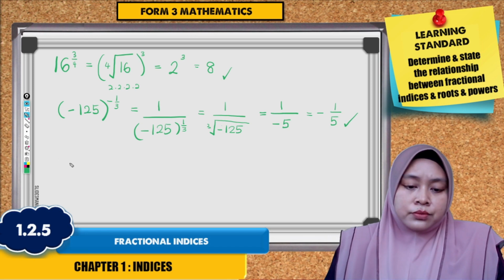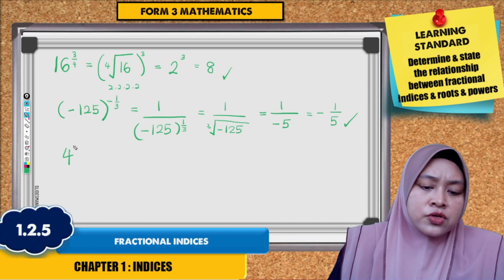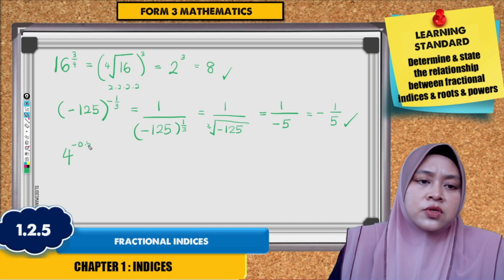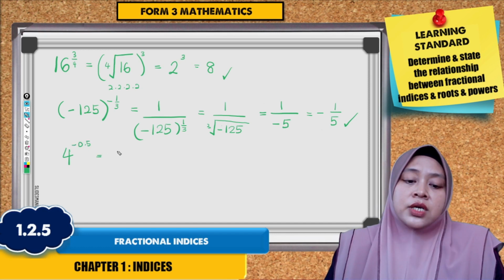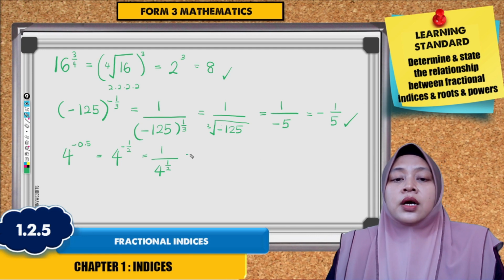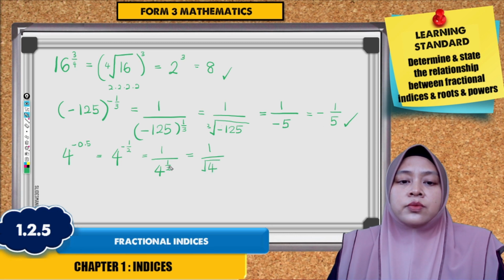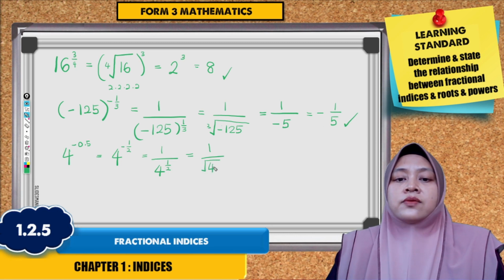Now, another question: 4 to the power of negative 0.5. You can simply change it to negative 1 over 2. So here is a negative. The answer must be 1 over 4 to the power of 1 half. Then 1 half, you change it to root, because of the 2, so square root of 4.